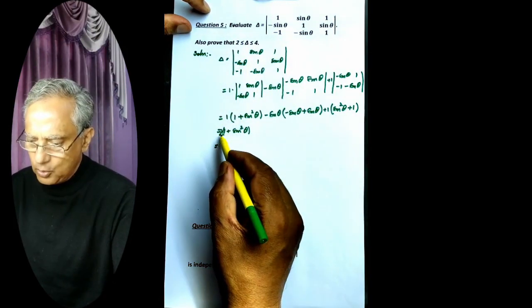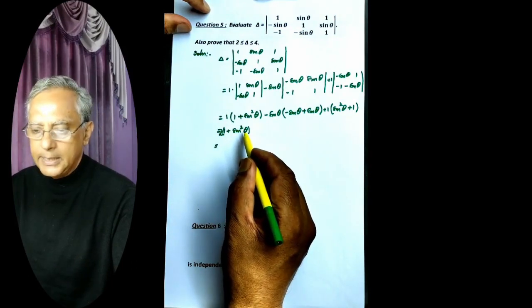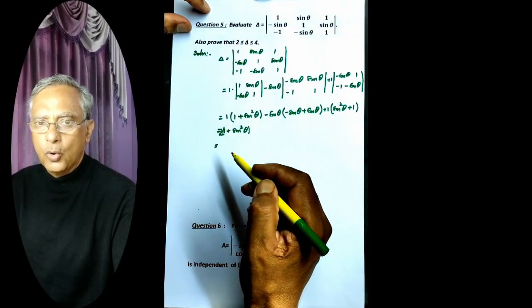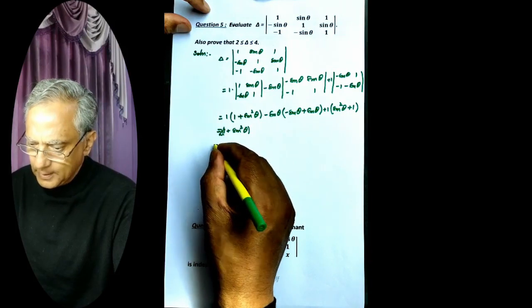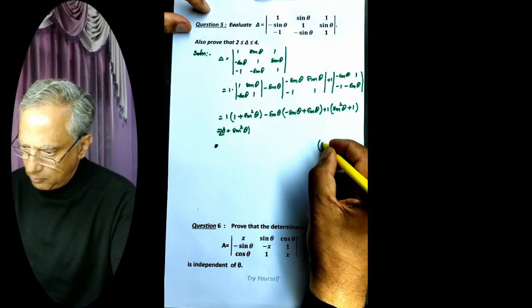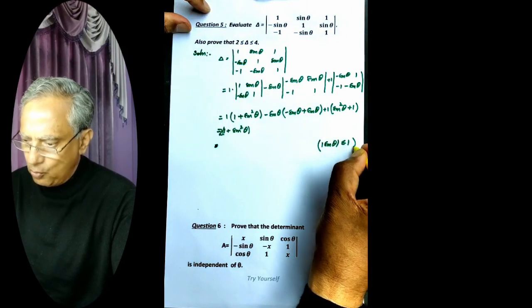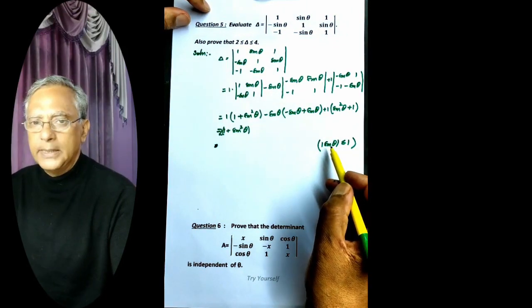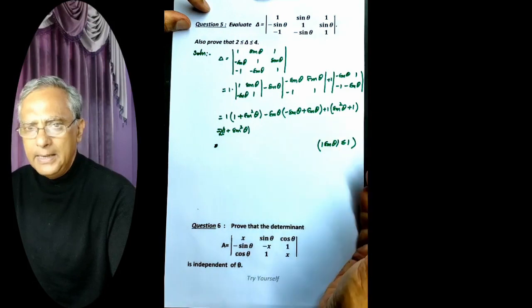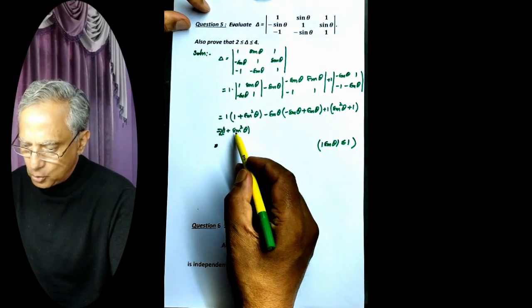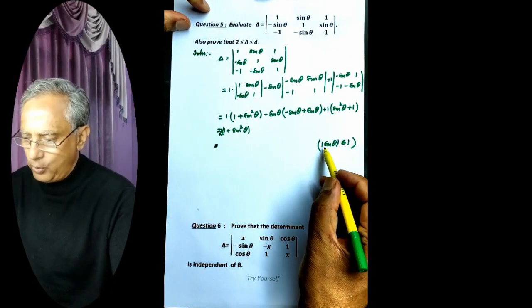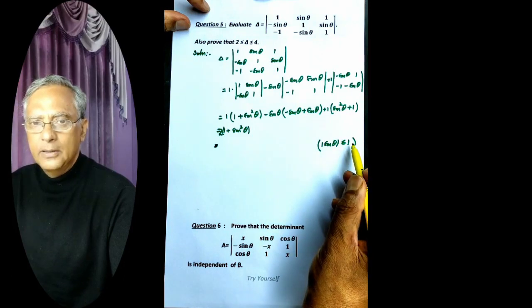That is 2 into 1 plus sine square theta lies between 2 and 4. Now we know mod of sine theta is always less than equal to 1. That is, the values of sine theta lie between minus 1 and 1. So sine square theta will lie between 0 and 1.